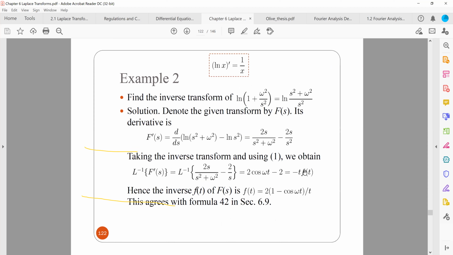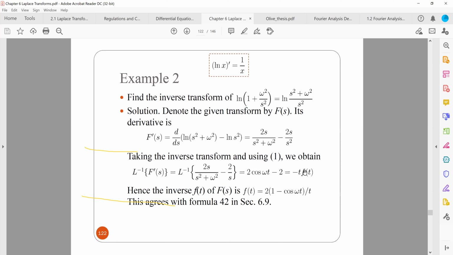Then you express this one in terms of that by differentiating both sides of that simplified f of s. So you eliminate that derivative via that expression, using negative Laplace transform of t times the function of t. I hope you're following.